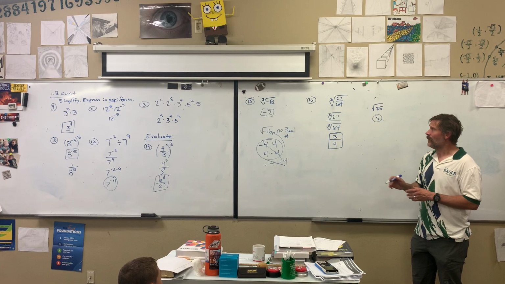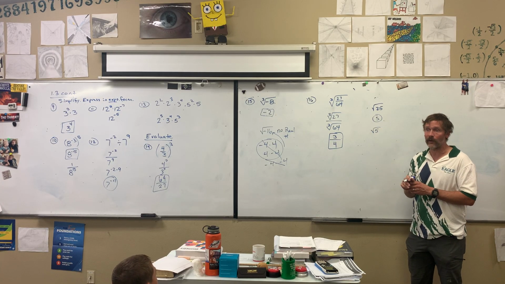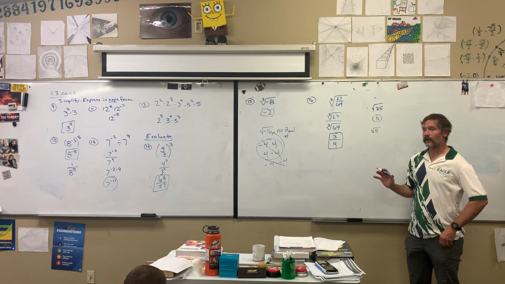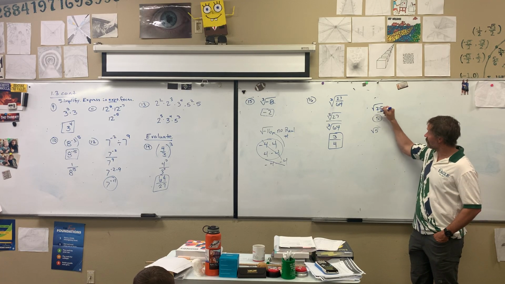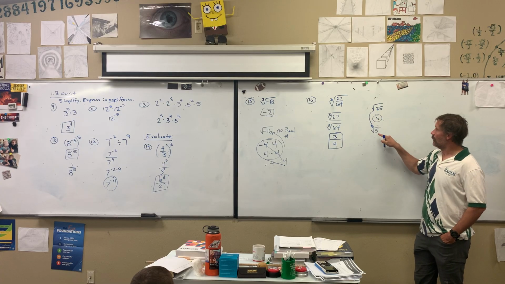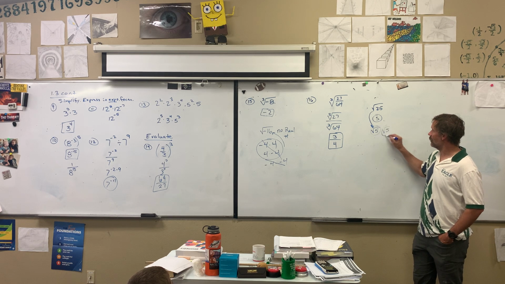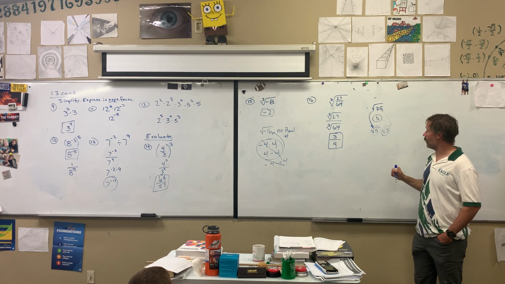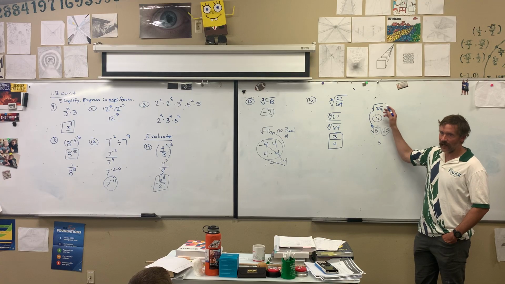What Nicole is asking is, do I leave it as the square root of 5? The issue is that the square root of 5 is saying the square root of 5 times the square root of 5 is equal to the square root of 25, and that's not true because the square root of 5 times the square root of 5 is actually just equal to 5, not 25.